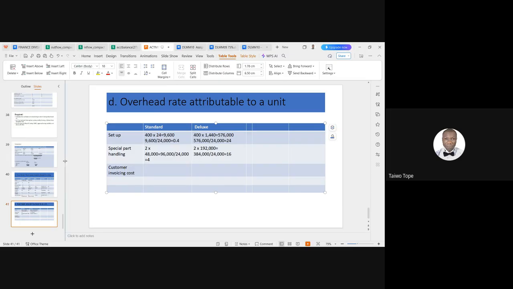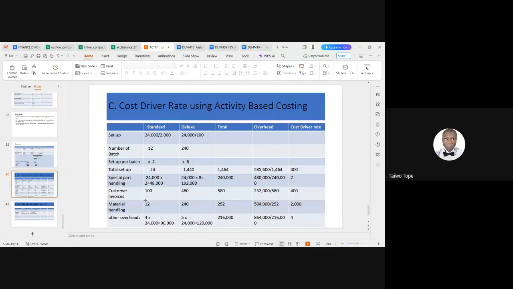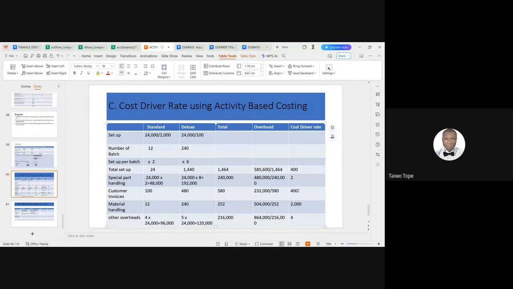Now, the cost for one invoice is what? So invoice 1 is 400. How many invoices did we dispatch for standard? 100. And for the loss, 480. So what will be the cost?